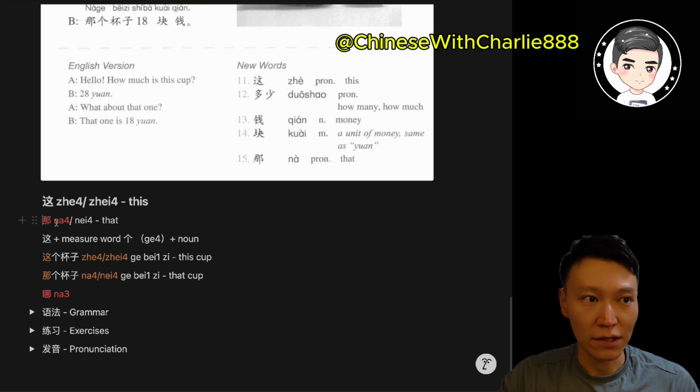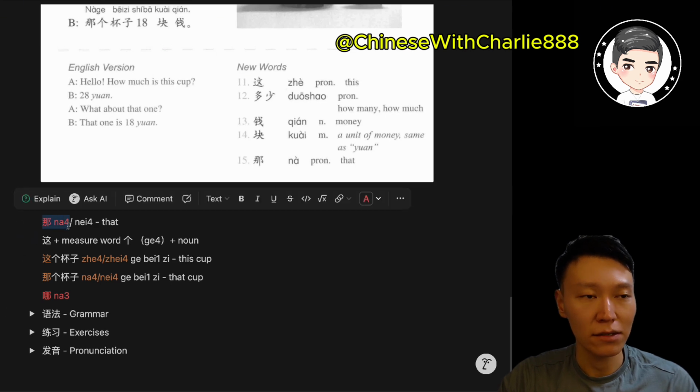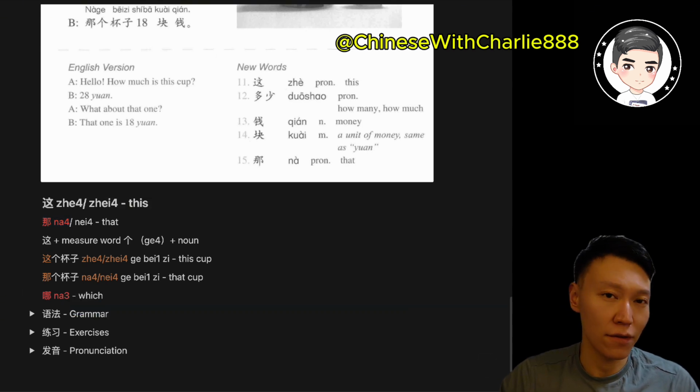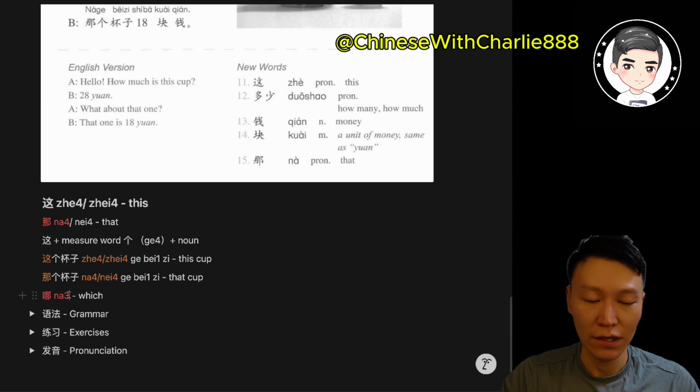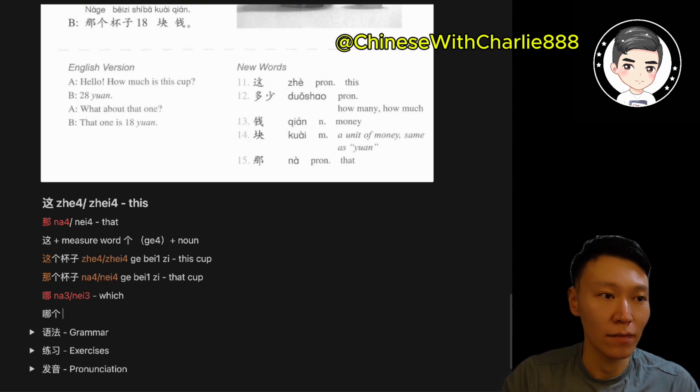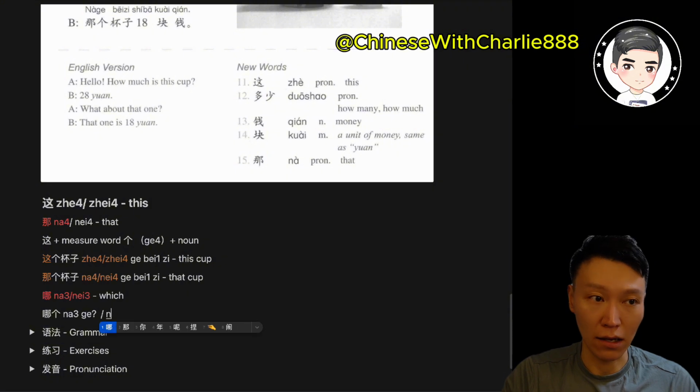And the second difference is the pronunciation. 那 meaning that is fourth tone. 哪 meaning which is third tone. And of course 哪 could also be pronounced 哪. So which one? You can say 哪个. You can also say 哪个.